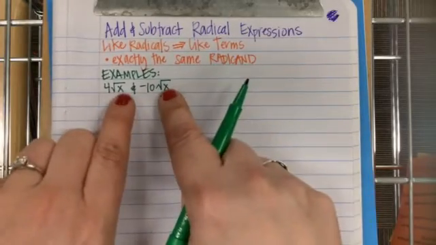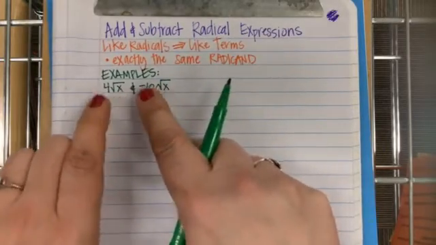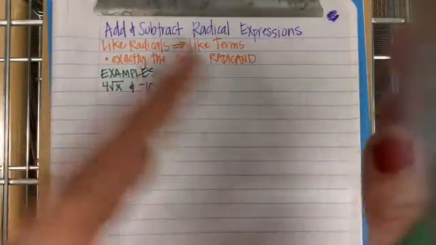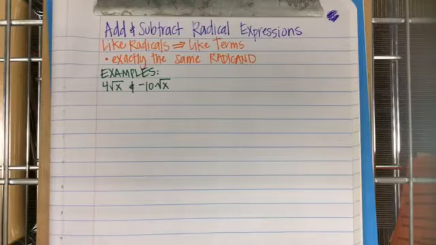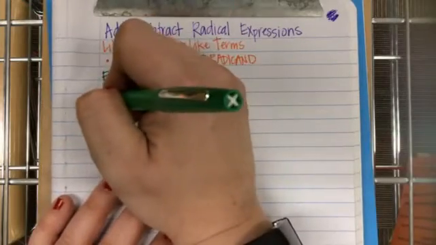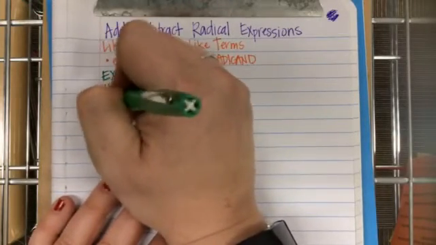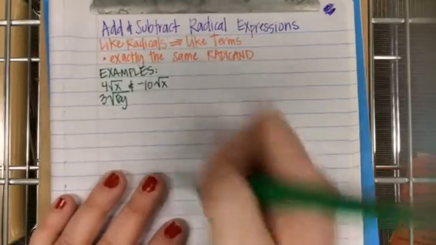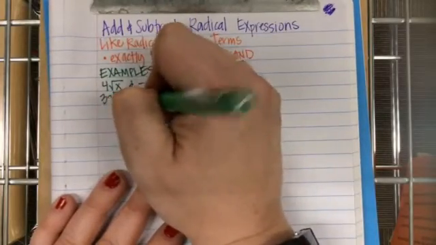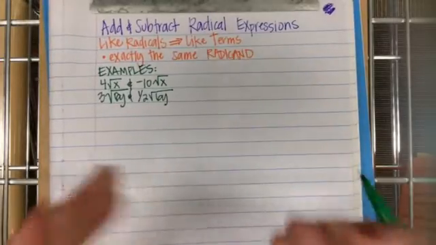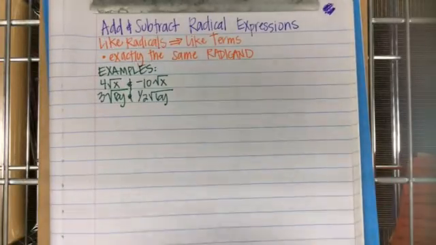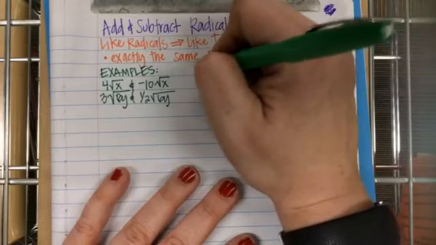The radicals do not change. The coefficients, the numbers in front, not the index, do. So 3 radical 6y and 1/2 radical 6y. Exactly the same radicands.